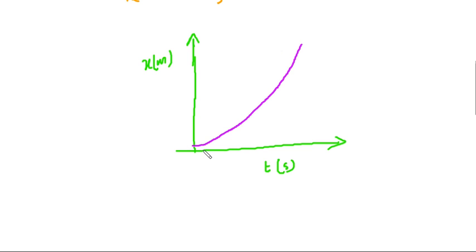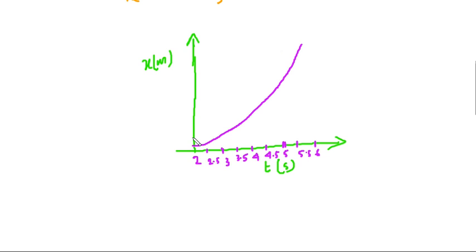Let us say this is 2 seconds, this is 2.5 seconds, then this is 3 seconds, this is 3.5 seconds, this is 4, this is 4.5, this is 5, then 5.5, then this is 6 seconds.